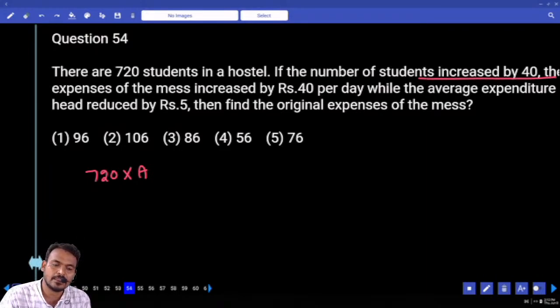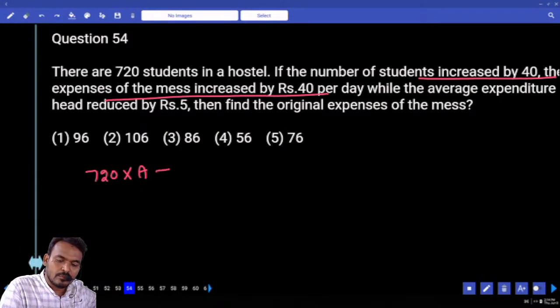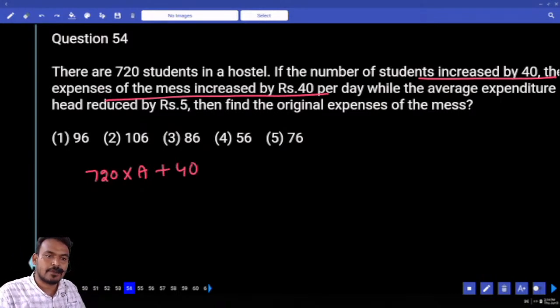Again, how many students are added? 40. After adding the 40 students, the expenses of the mess increase by how much? 40. Already expenses are 720 into A. It is increased by 40, then we get the new expenses. That new expenses is for how many persons? 760 persons.